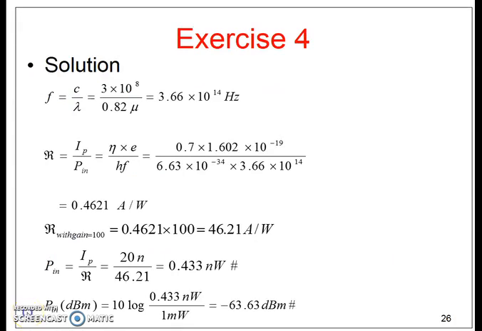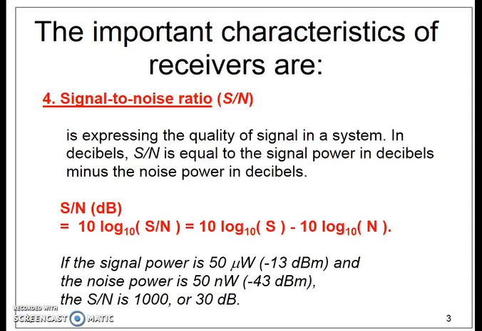meet next time. Okay, we have covered 3 important characteristics of a photodiode so far, which are quantum efficiency, responsivity, and rise time. We have another 2 important characteristics of a photodiode or of a receiver, which is known as signal to noise ratio.